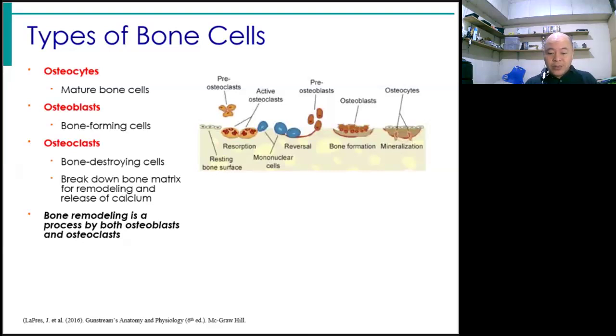Remodeling also occurs in reshaping bones after a fracture or repairing microcracks. So for example, there's an injury or you're actually training or exercising and then you get microcracks. It is this process that repairs the bone and makes new bone.